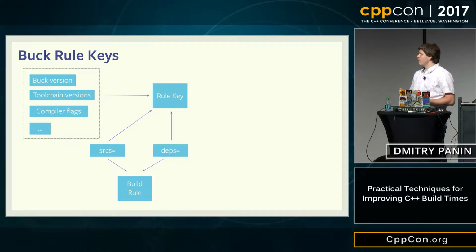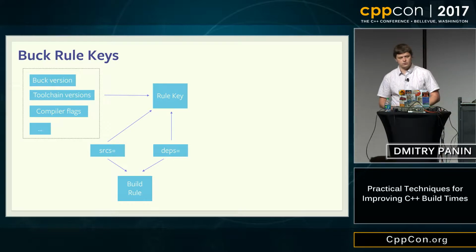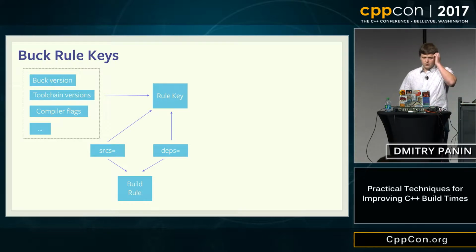So in this example, we will hash some global parameters like Buck version, toolchain versions, compiler flags, some environment variables, then add some build rule specific stuff like sources and dependencies and put them all together in the cache key. And there are different types of cache keys, and they differ by what we do with dependencies.